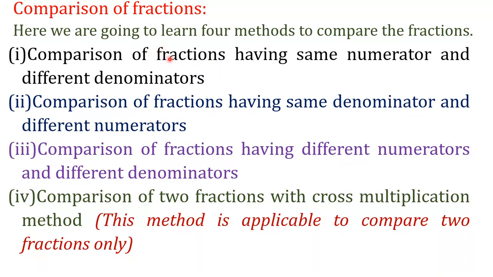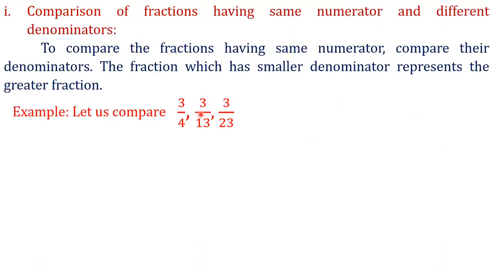Okay, comparison of fractions having the same numerator and different denominators. How to do this? To compare fractions having the same numerator, compare their denominators. Numerators are already the same, so there is no need to compare anything. Then compare their denominators.